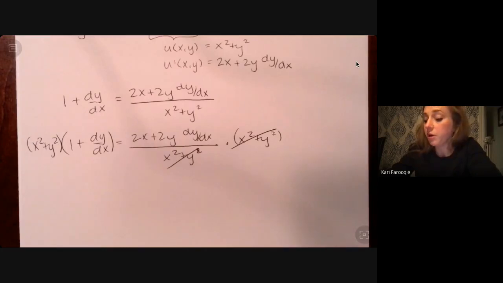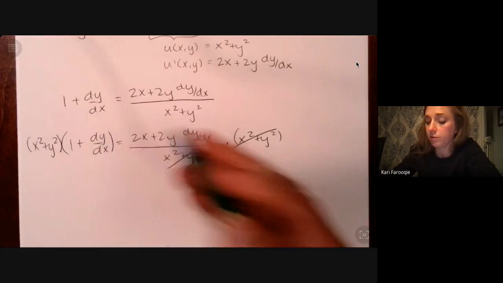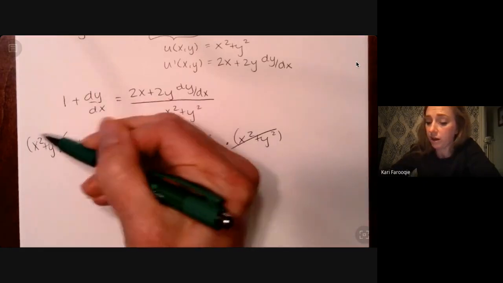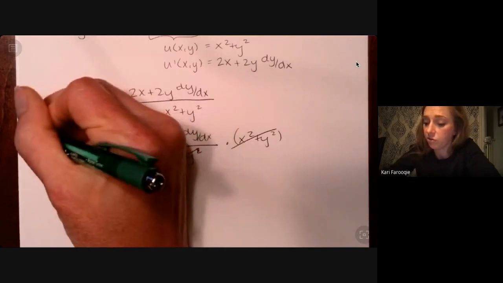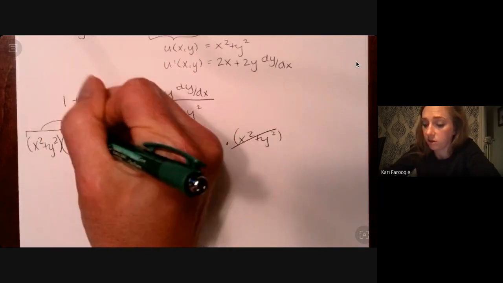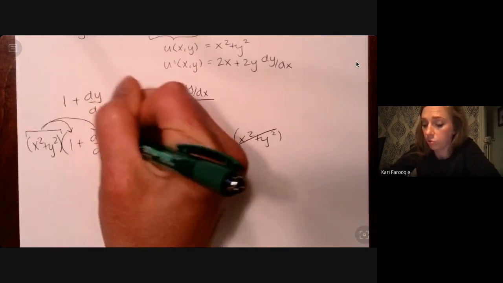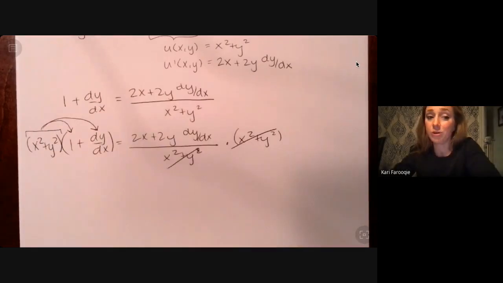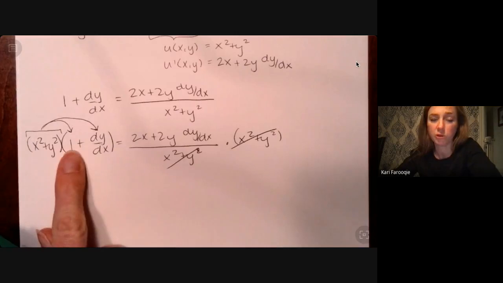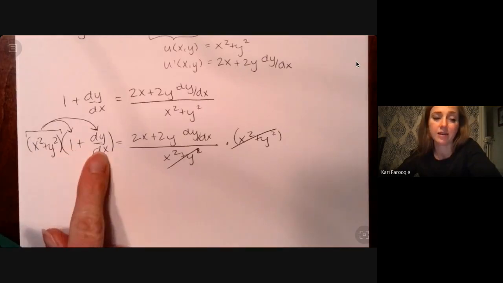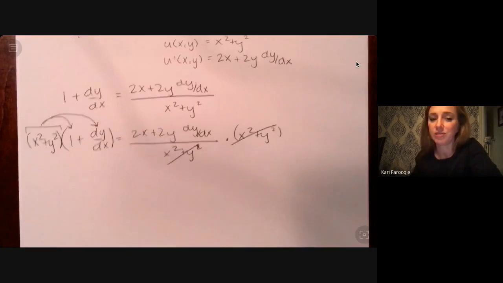Okay, now this might seem odd to you, but don't feel like you need to FOIL this whole thing out. If I were you, I would take x squared plus y squared as just one quantity and just distribute the quantity into your parentheses. That's what I'm going to do. I'm going to take this whole quantity x squared plus y squared and multiply it by 1, and then add that to x squared plus y squared times dy dx. I think that's just going to be the easiest way to go.